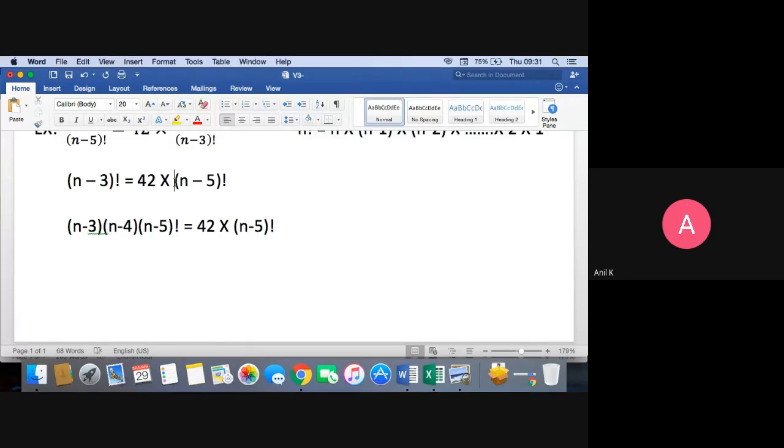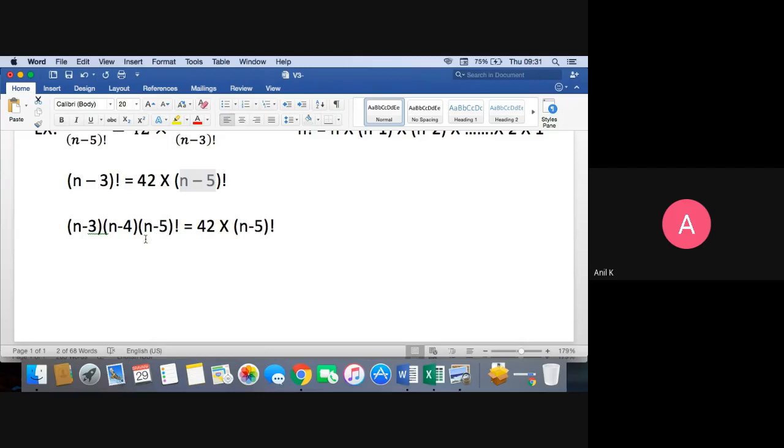Students generally make a mistake here. They expand n minus 5 factorial as n minus 5 into n minus 4 into n minus 3 factorial. That is wrong. The bigger number has to be expanded till you reach the smaller number. Here n minus 3 is bigger than n minus 5, because from n you are subtracting 3 here, and there you are subtracting 5. So n minus 3 is bigger. So the bigger number will be expanded till you reach the smaller number: n minus 3, n minus 4, n minus 5.